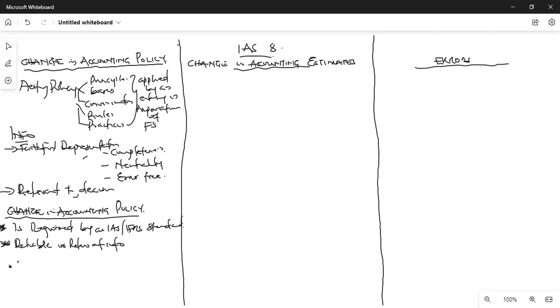The presentation, correct? So when we are talking about change in accounting policy, we talk about these three things: recognition, we talk about presentation, okay, then we talk about measurement.